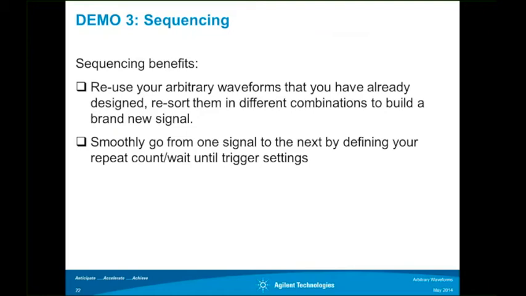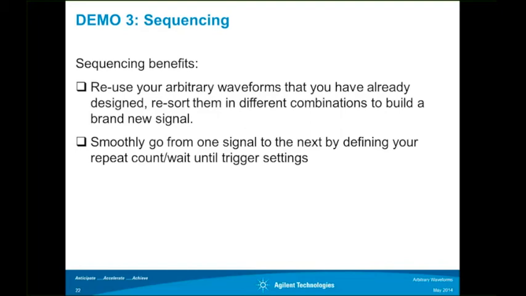So that's going to be a very important feature to save you time when you're designing an arbitrary waveform signal. Another feature of sequencing is the ability to smoothly go from one signal to the next by just changing a few settings on your sequence.